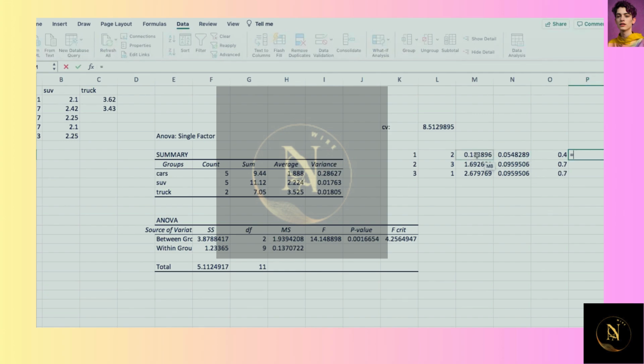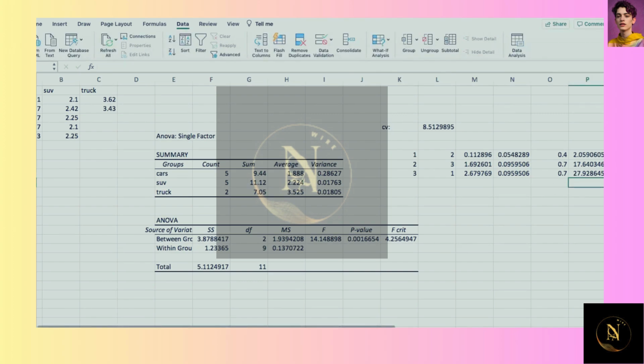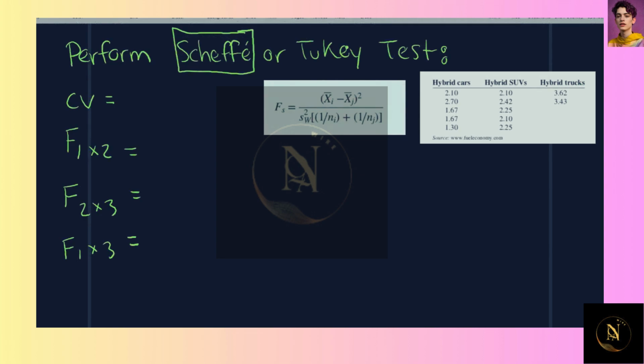We just take our numerator divided by our denominator, and I can just pull that formula down. Okay, so we've calculated our critical values and our test statistics. So let's go back to our whiteboard and fill them in.